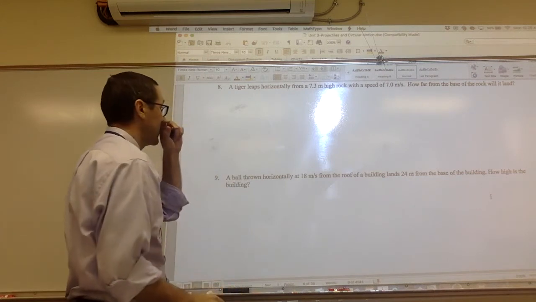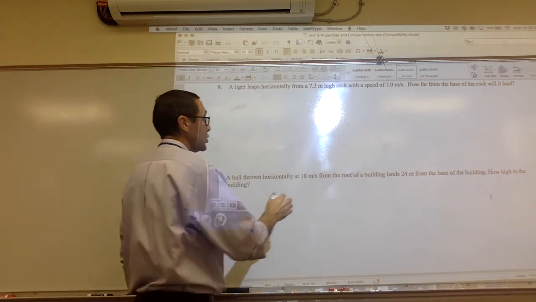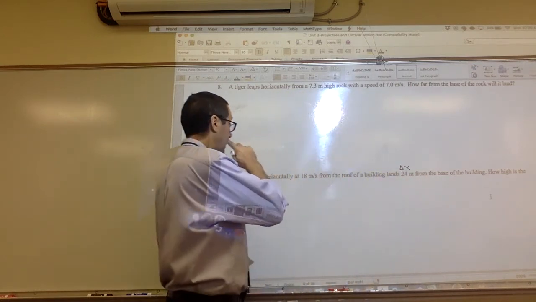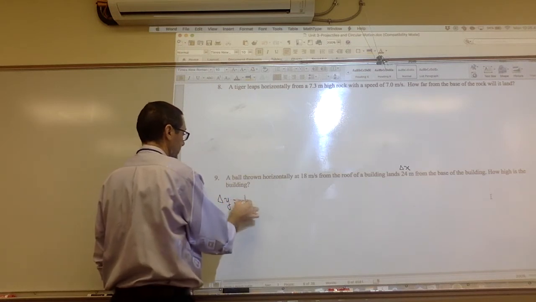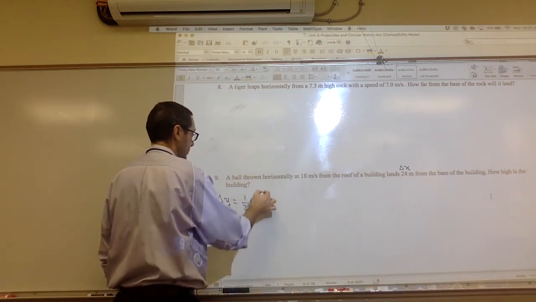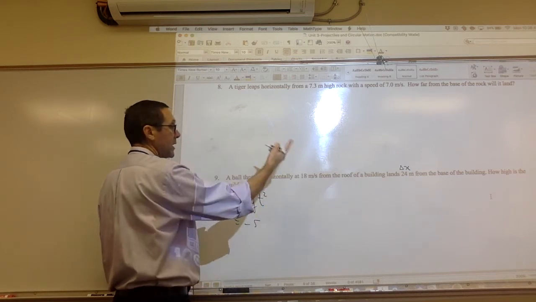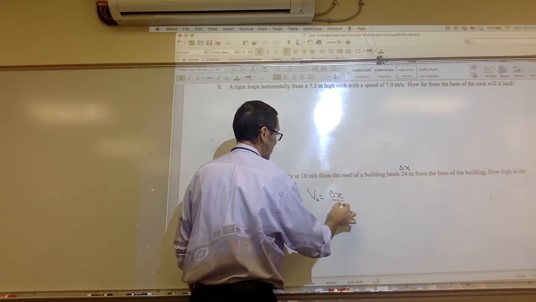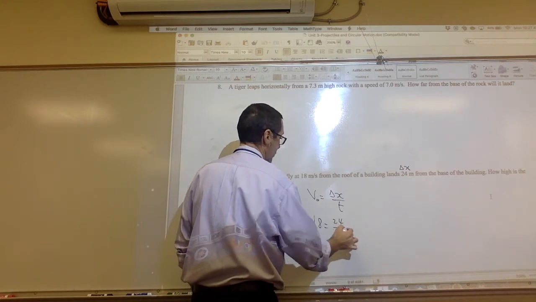A bolt runs horizontally at a speed of 18 meters per second from the roof of a building and lands 24 meters from the base. So delta x is that. How high is the building? So basically we're looking for delta y, negative 5. Now I need the time. So I'm going to get the time from the x direction. Okay, so this is going to be 18 equals 24 over t.